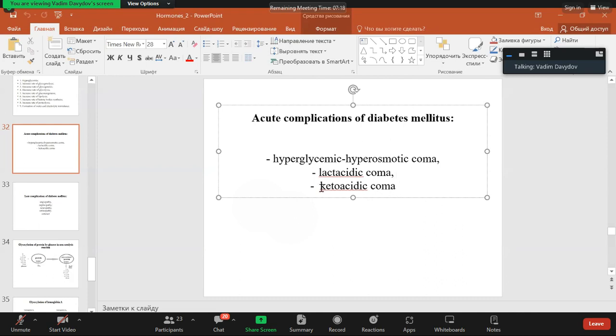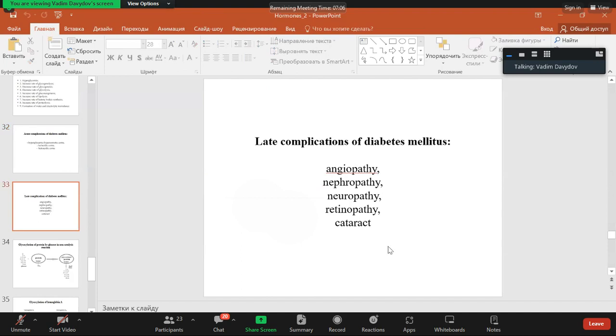Please note, ketoacidic coma may appear as a complication only in a patient with diabetes mellitus type 1. That was the conversation about acute complications of diabetes mellitus, but you must know about the so-called late complications of diabetes mellitus.